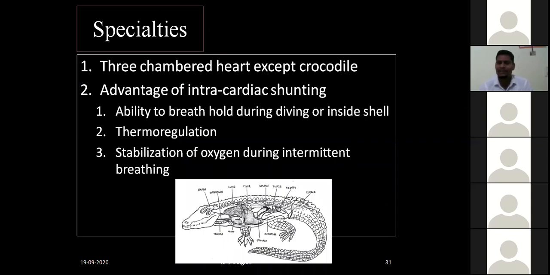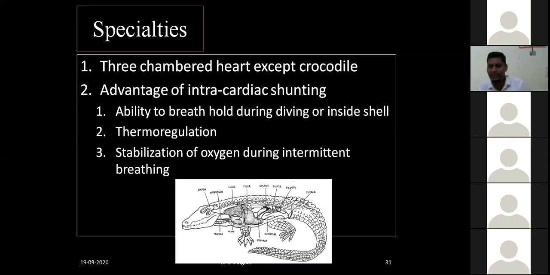All reptiles have a three-chambered heart, except the crocodile. Crocodiles have a four-chambered heart. With this three-chambered heart, how are they doing their work? Because there is oxygenated and deoxygenated blood. With a single ventricle and two atria, how are they managing? Is there any mixing of this blood or no mixing? How does it work? Let us see.